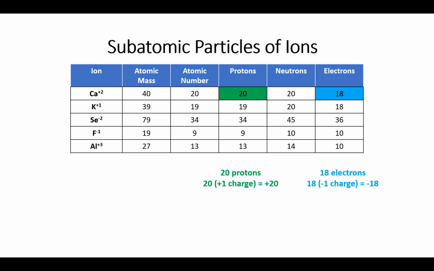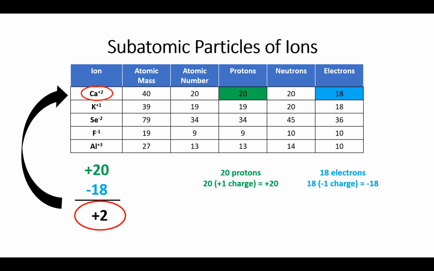So 18 multiplied by -1 will give us a charge of -18. So look at the overall balance here. +20 from the protons, -18 from the electrons. That gives us an overall charge of +2, and there's the +2 charge that we see next to the symbol of the element.